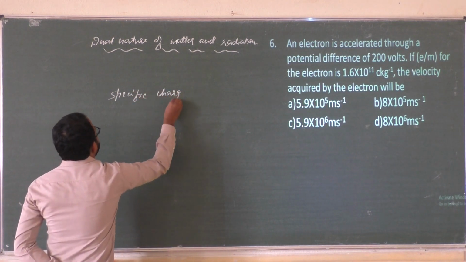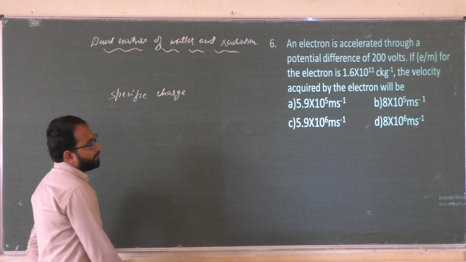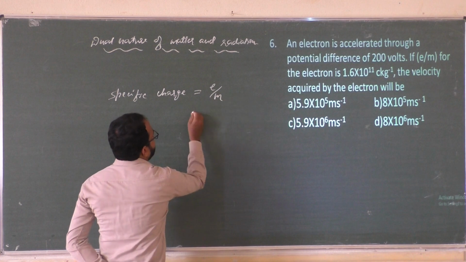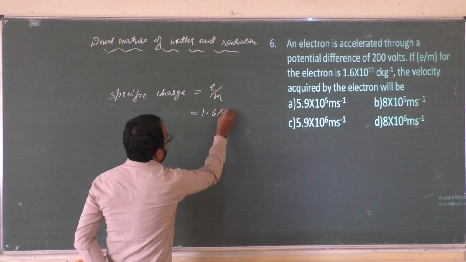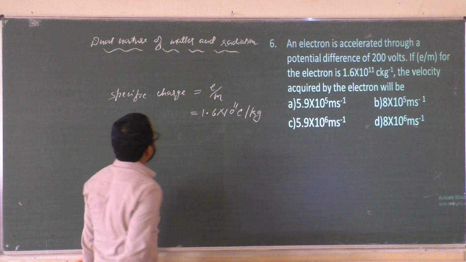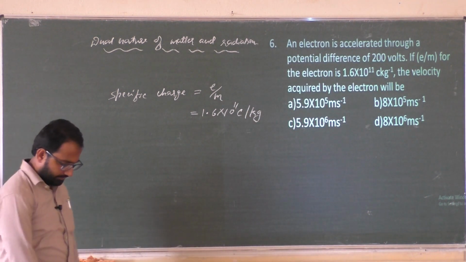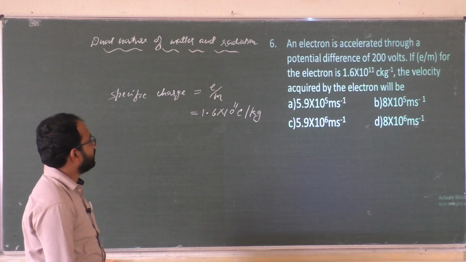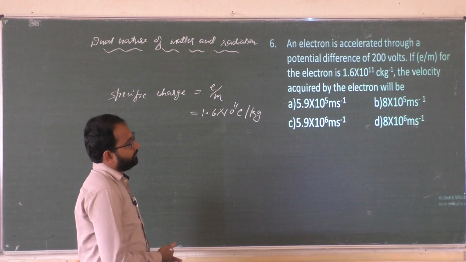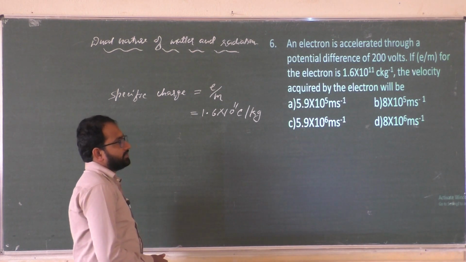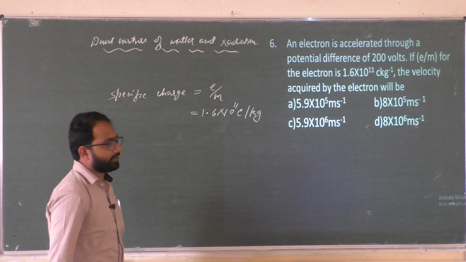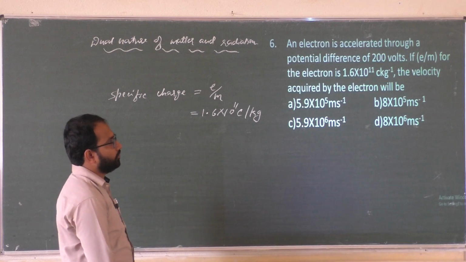So the specific charge of the electron, e by m, is equal to 1.6 into 10 to the power of 11 coulomb per kg. What is the velocity acquired by the electron if it is accelerated through a potential difference of 200 volt?